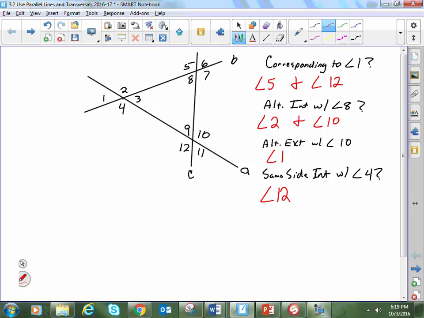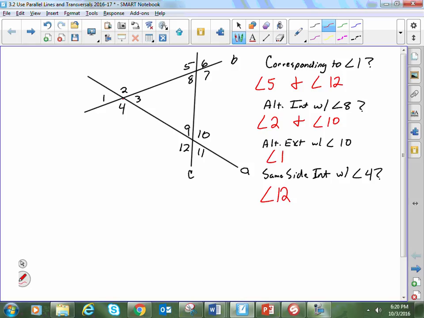Now if I try to use line B as a transversal line, angle 4 is not interior at that moment anymore. If I look at line B as a transversal line, angle 4 is exterior to lines A and C. So this is the only answer that we could have for a same side interior angle with angle 4.